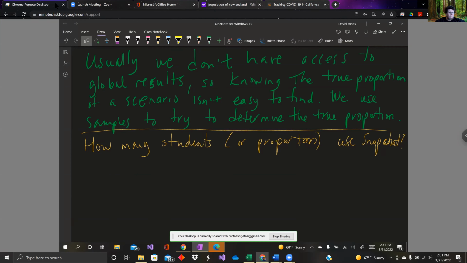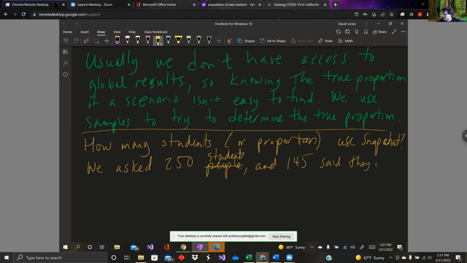I made them up to present an example. Let's say we asked 250 students. I want to narrow it down to students. And 145 said they use Snapchat. I guess it's capitalized because it is a business, huh?